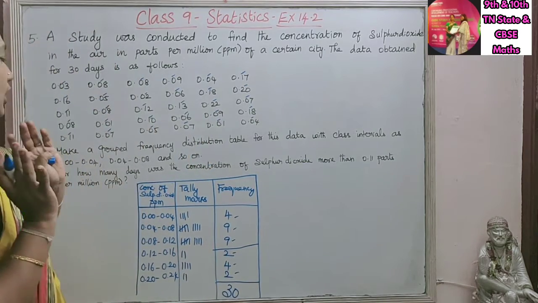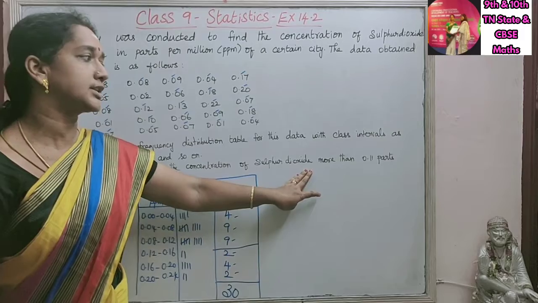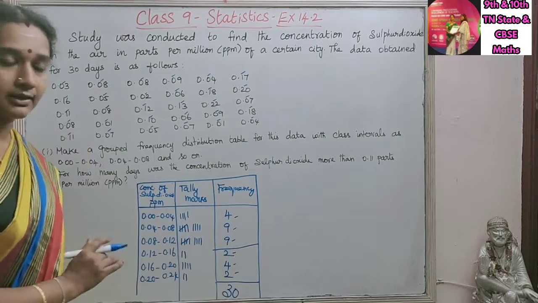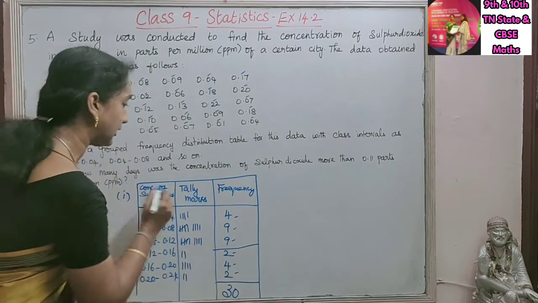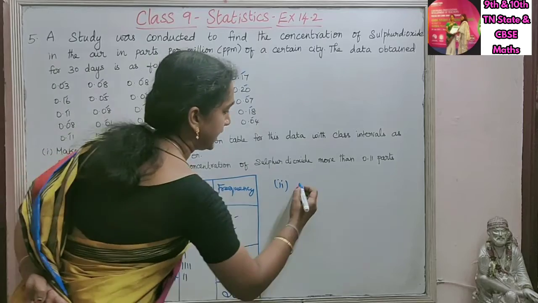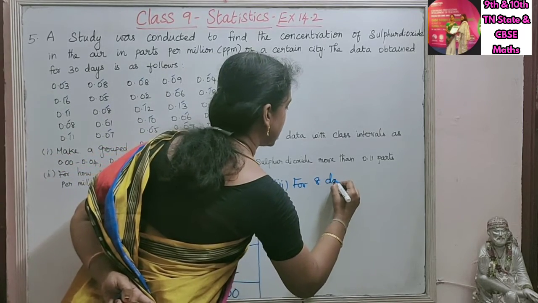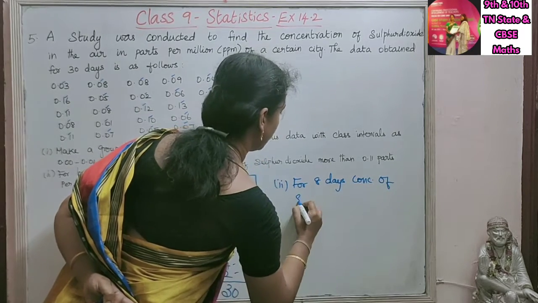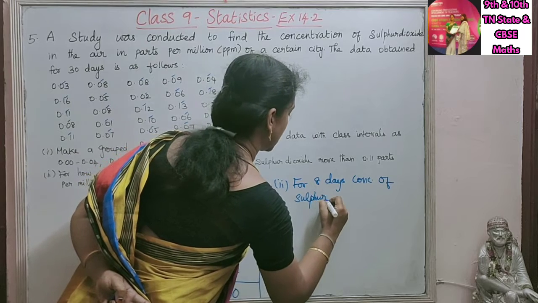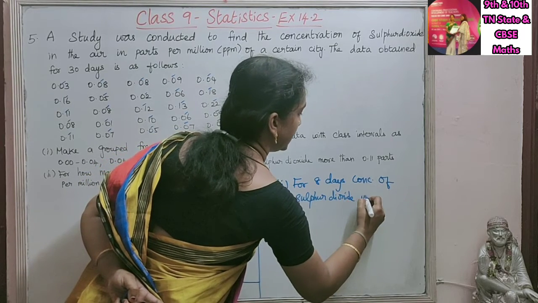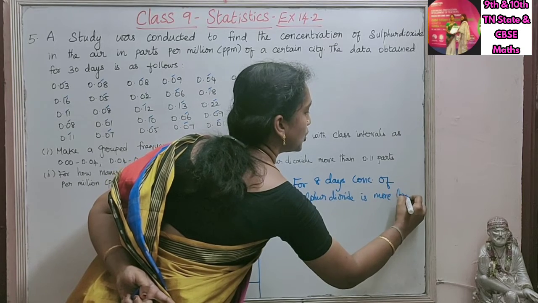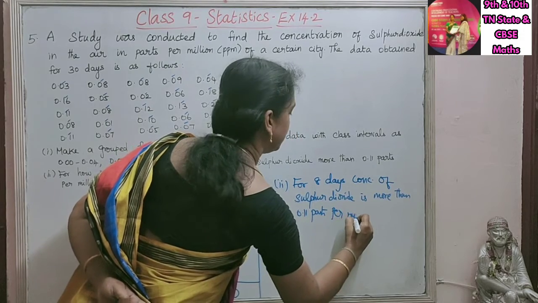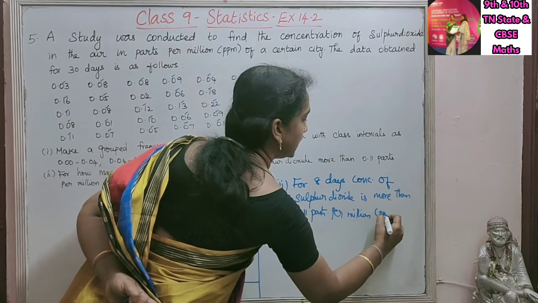So for a total of 8 days, the concentration of sulfur dioxide is more than 0.11 parts per million, ppm.